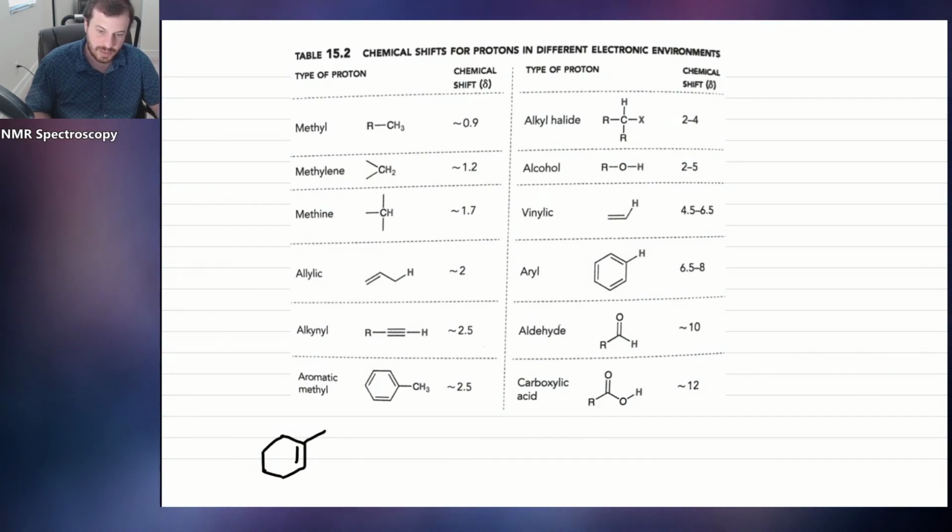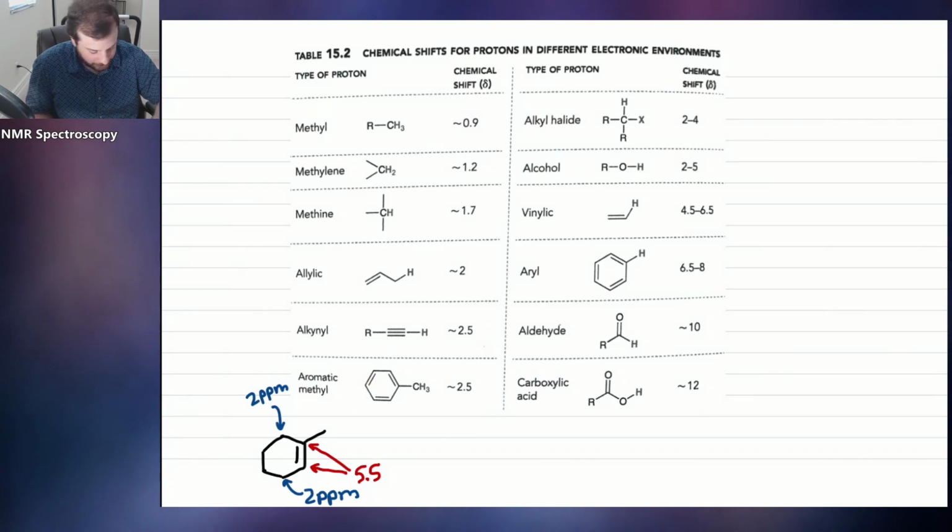Okay. And so we have some allylic positions. So like, for example, this would be at 2 ppm because it's hydrogens next to a double bond. So this one down here too, 2 ppm. These hydrogens attached to the double bond directly, not one away from the double bond, those are called vinylic, and those show up around 5.5 or 6.